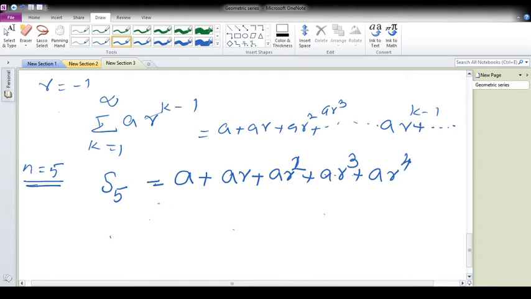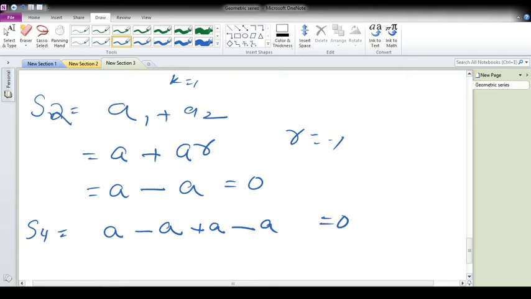Next you consider S4: a minus a plus a minus a, that also is 0. Next you take S6. So we got pairs, so we got 0. So Sn equal to 0 if n is even.